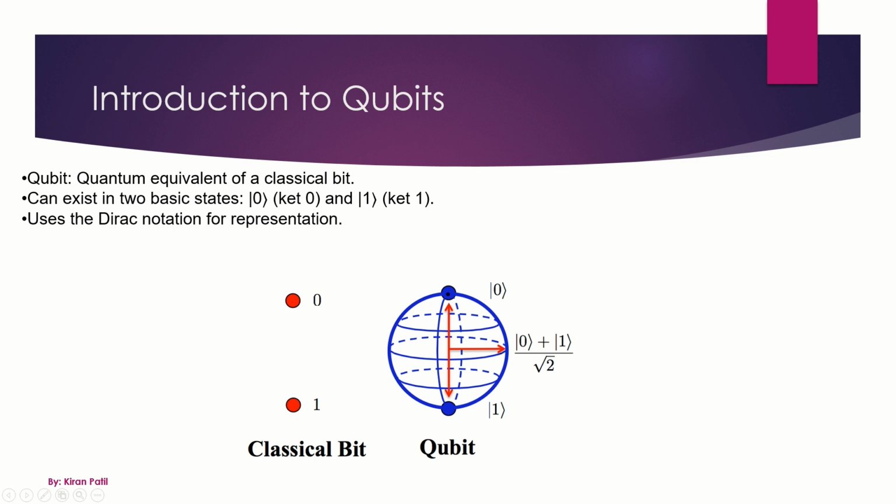So this is a qubit. Now you can see this visualization of the qubit. When it is on the z-axis, it is representing ket 0. On the negative z-axis, it is representing ket 1. And this is the combination of ket 0 and ket 1.